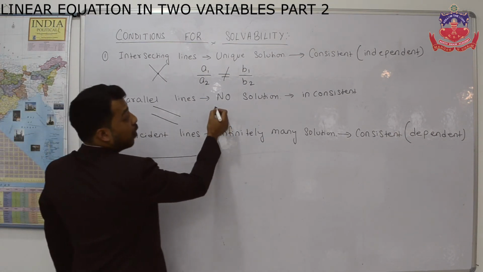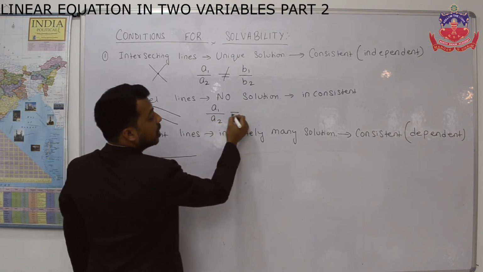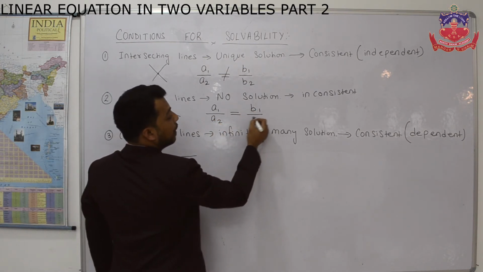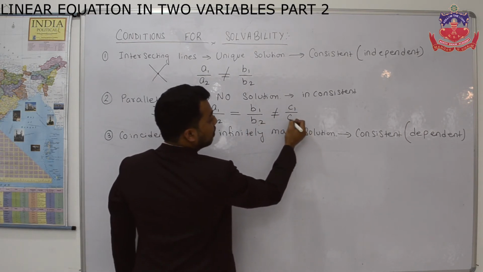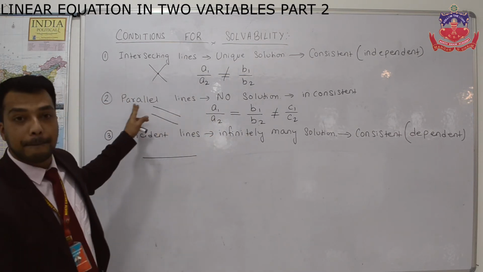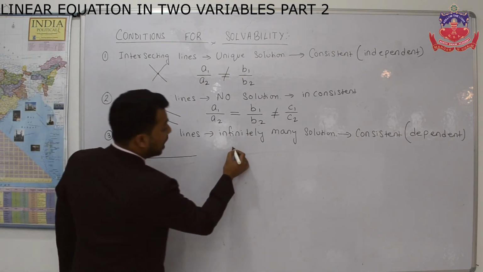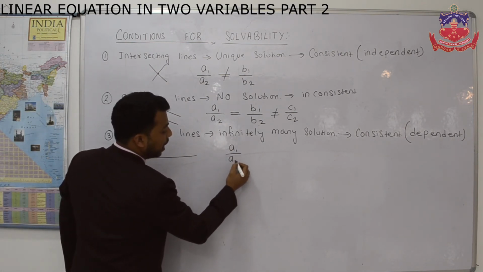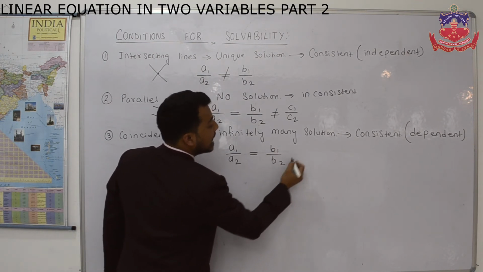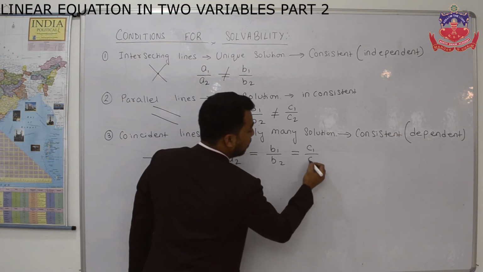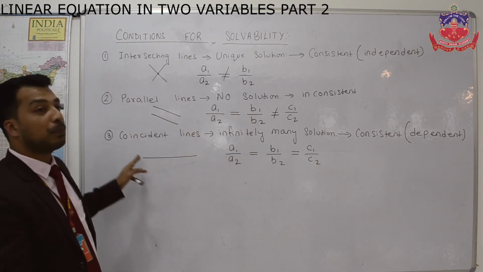For parallel, the formula will be A1 divided by A2 is equal to B1 by B2 is not equal to C1 by C2. Let's go for the last one, that is coincident. For coincident, the formula is A1 by A2 is equal to B1 by B2 is equal to C1 by C2. So these are your three different formulas for intersecting, parallel and coincident.